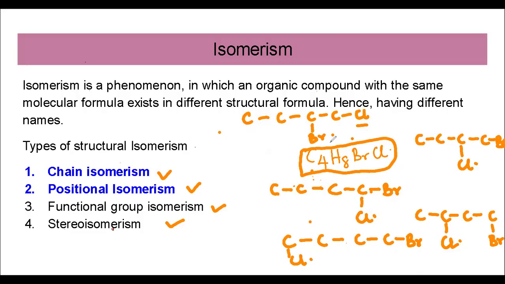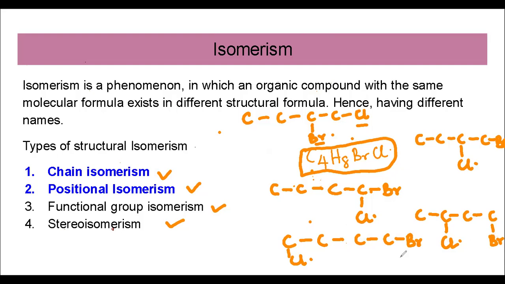I have chlorine and bromine, so I can swap their position. So there's possibility for bromine and chlorine being on the second and fourth carbon. I can swap the position. The same thing also goes for the first and the third. I can bring the bromine to the third and chlorine to the first. It will be different.